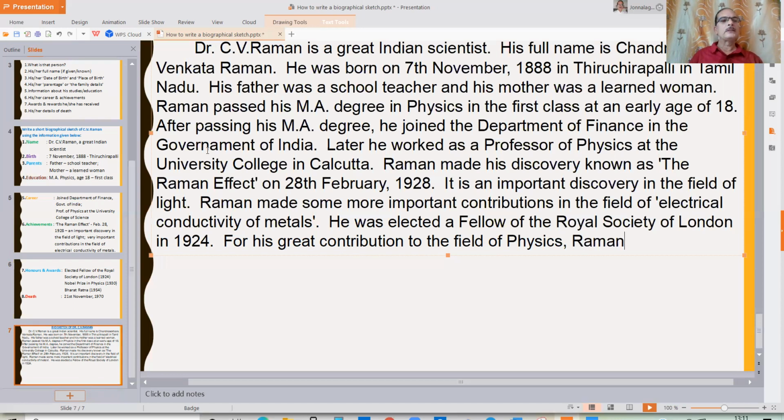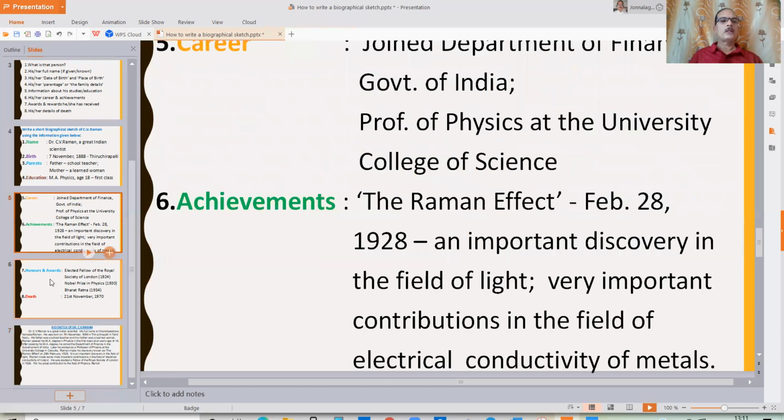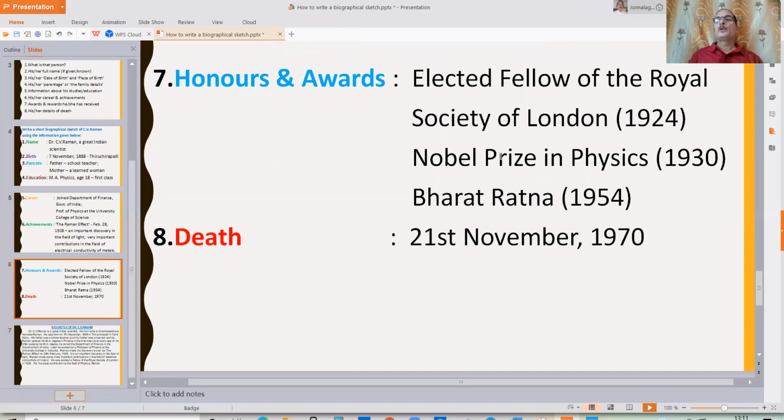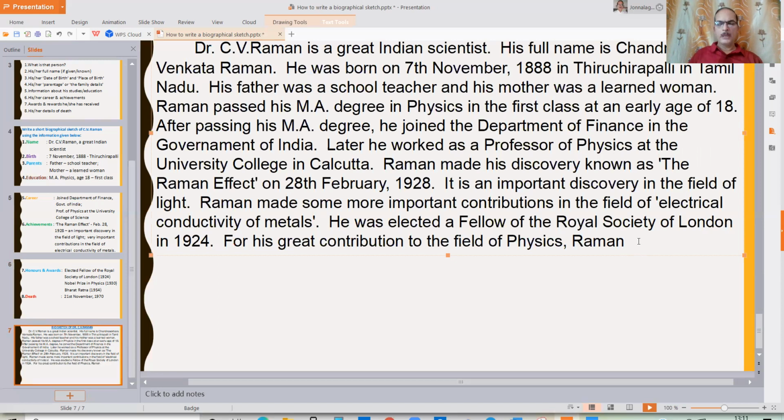Raman, yes. What are the awards that he received? Nobel Prize in Physics 1930. So you can write Raman was honored with, or was conferred with, what?